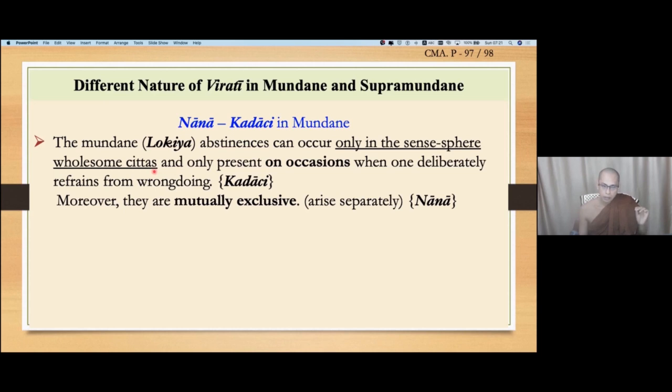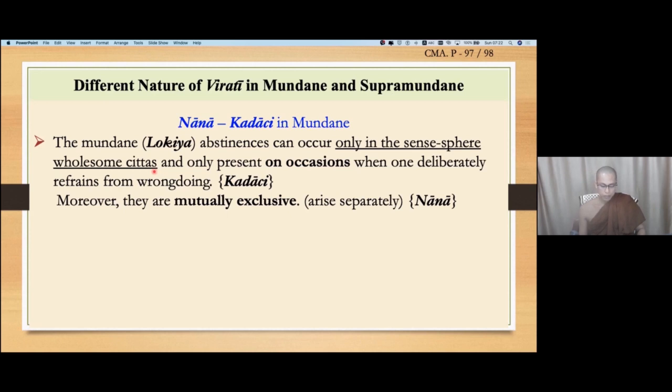So when the ordinary person and trainees deliberately abstain from bodily wrong action, at that moment the sincere wholesome consciousness, or in another name the great functional consciousness, one of the great functional consciousness arises in his mental process at that moment.